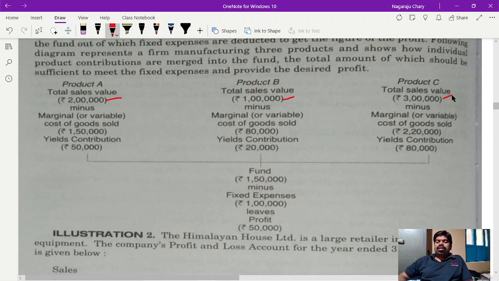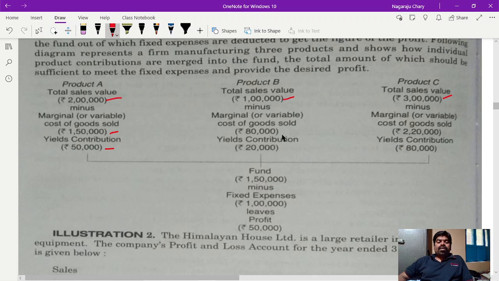Three different products with different sales values. From that, the marginal cost, that is the variable cost of goods sold, is to be deducted. For product A it is 1,50,000, which gives us a contribution of 50,000.